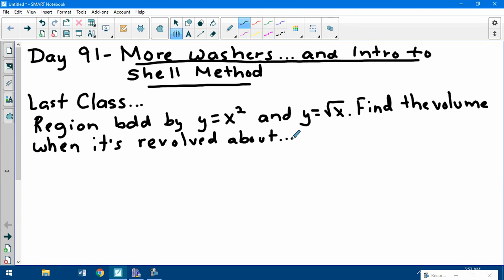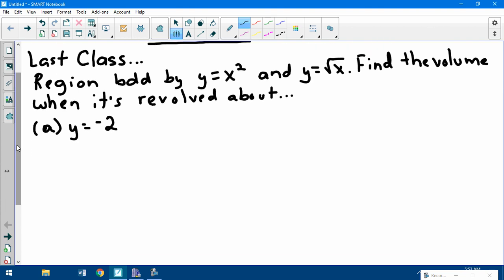So I'm going to break off. We'll start with y equals -2. Right. So I would need to draw this out, and I know we did it yesterday, so I'll do it kind of quick here.